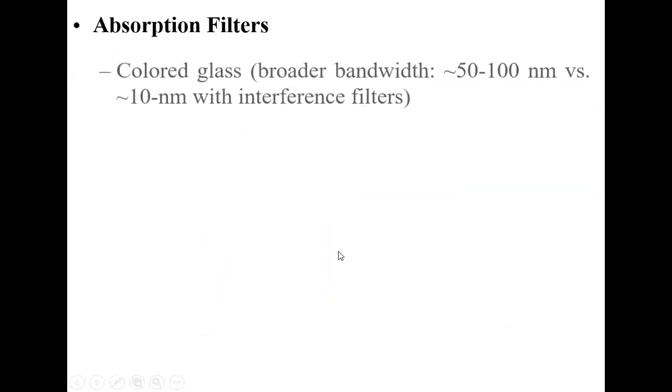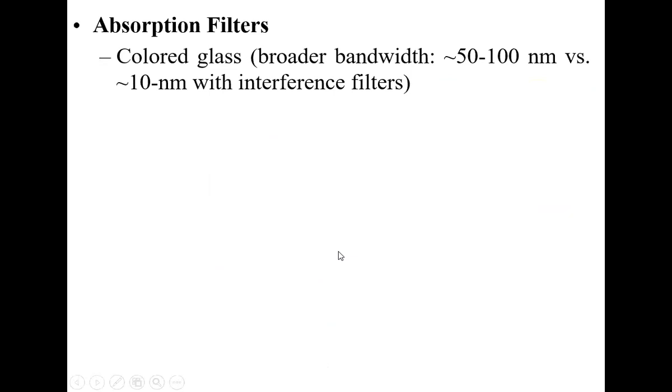Now, we have a special type of filters, absorption filters. Absorption filters are made up of colored glass or dyes, or a dye. Pay attention here, please, because you might get a question on interference filters and absorption filters.